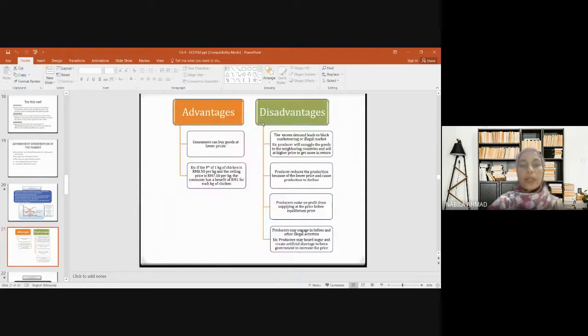Okay. Apa kebaikan dan keburukan imposing this price ceiling? Advantages dia, of course kepada consumer. Consumer can buy the goods at lower price. For example, kalau harga ayam tu 1 kg 8.5, tapi government rasa, this is harmful to consumer, then government akan impose price ceiling at 7.50 per kg.